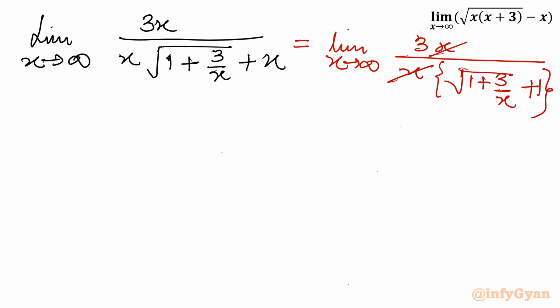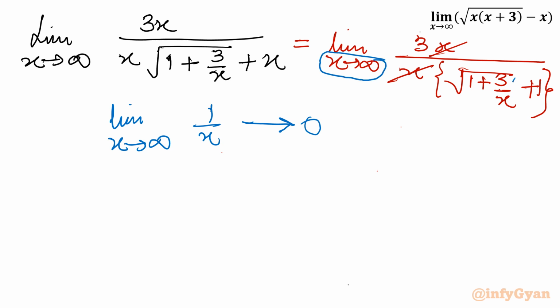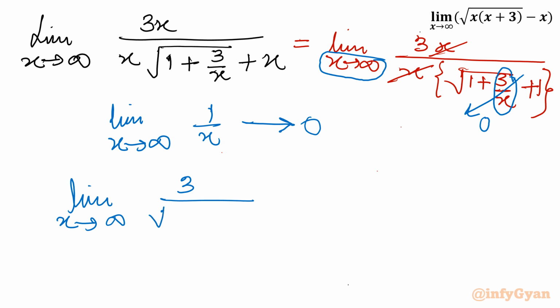Now I will write one limit. We know that if x tending to infinity, then 1 over x, this value will tend to 0. So I will use here, if x tending to infinity, then 3 over x will tend to 0. So this will become limit x tending to infinity 3 over square root 1 plus 1.